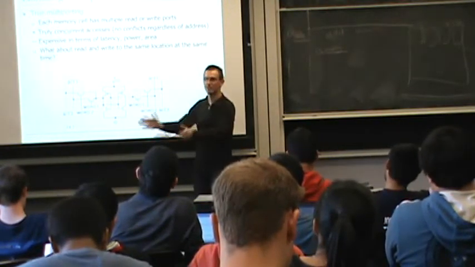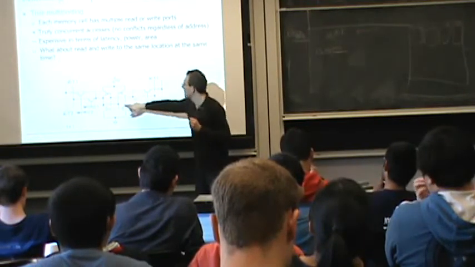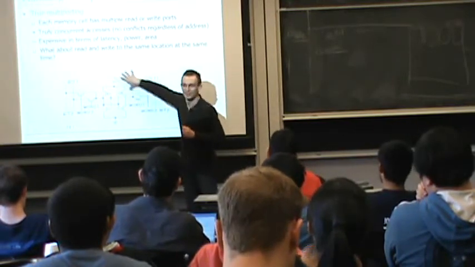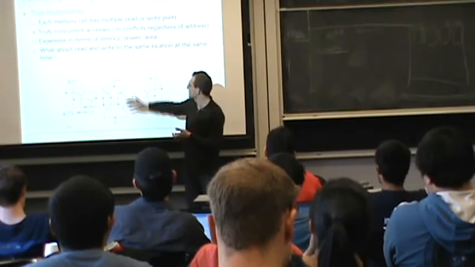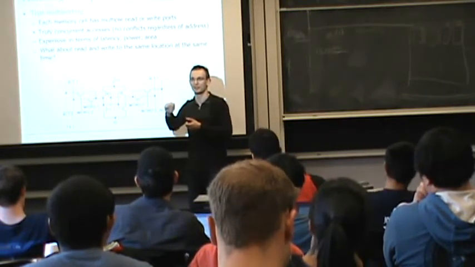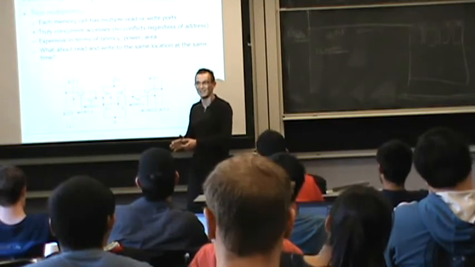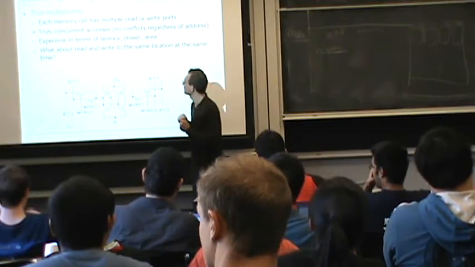You can do two reads at the same time to this cell and get the value, because you have two paths to read the value that's stored in this cross-coupled inverter. You could do the same thing in a DRAM cell also. As long as you provide multiple word lines and multiple bit lines, which are essentially your ports, you can read the data of the cell.